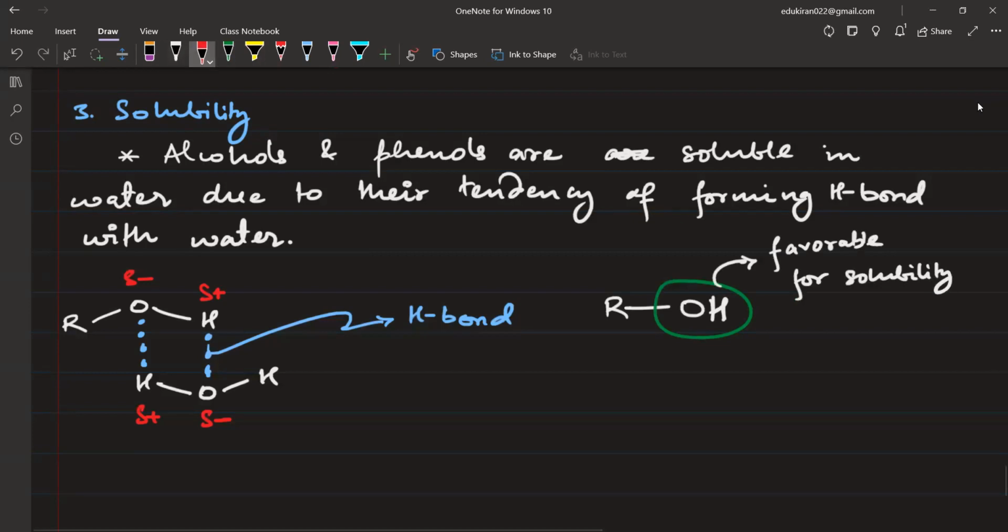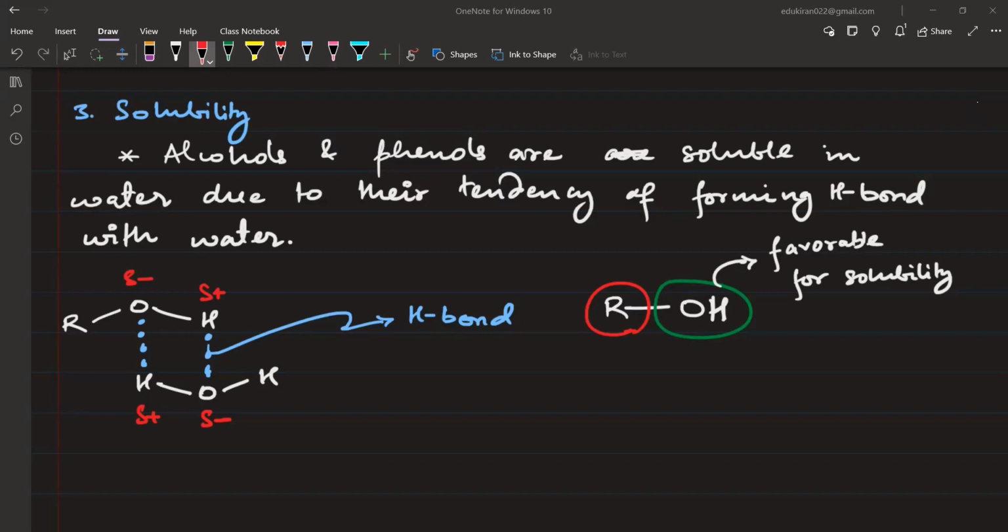But if I look at the alkyl group here, please listen very carefully, don't write anything. This alkyl group, it is not taking part in the solubility. Is it having any contribution on solubility? Is the R group, alkyl group, making any hydrogen bond with water? Yes or no? Look at the hydrogen bond that we have made and tell me.